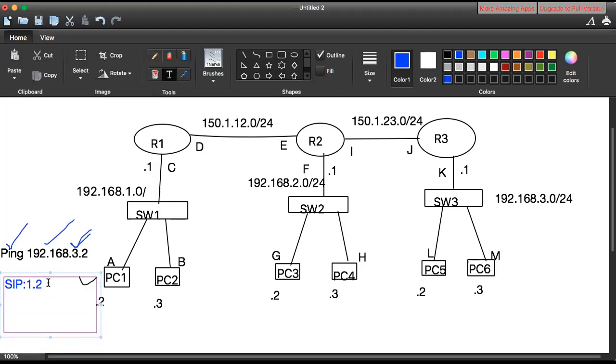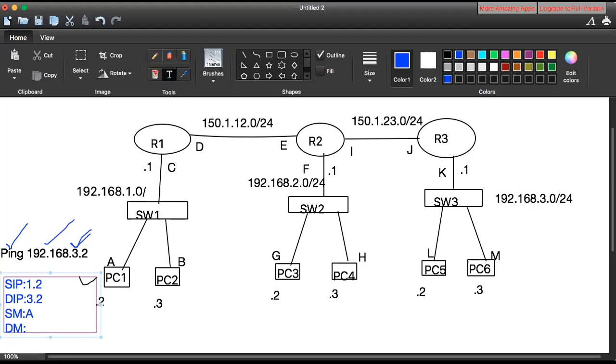Yeah, 1.2. Destination IP is going to be 3.2. Apart from that, the TTL value and all would be there. When it comes to layer 2, it is going to say, okay, source MAC, which is my MAC, is A. And what about the destination MAC?